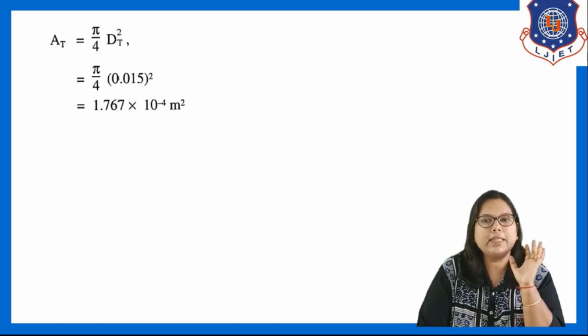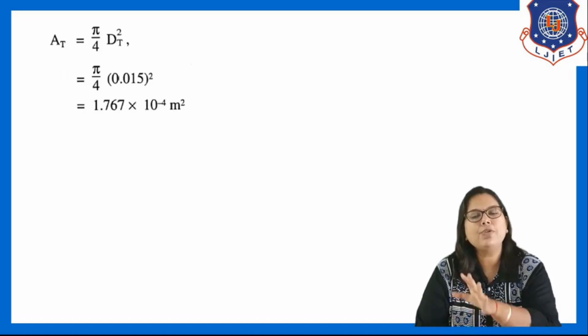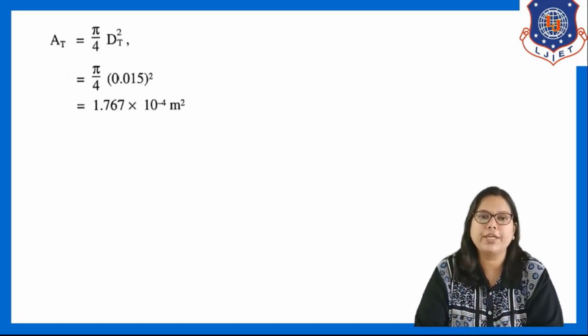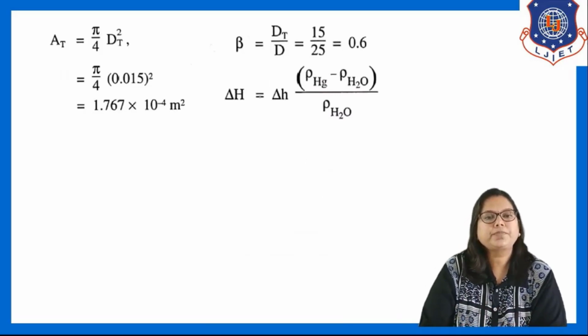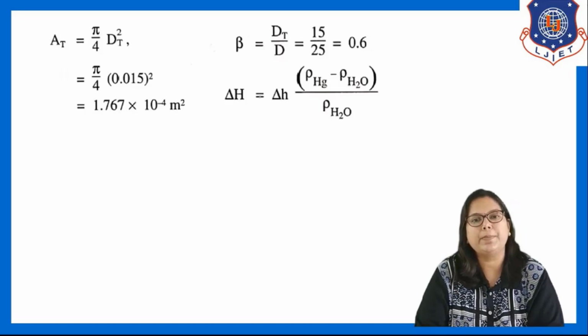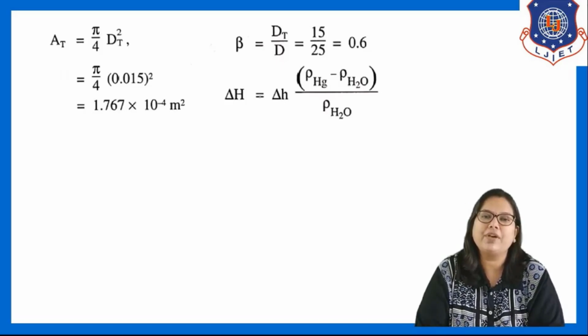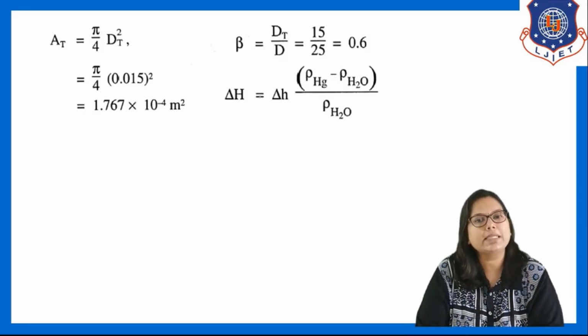When you solve this, you will get AT equal to 1.767 into 10 raised to minus 4 meter square. Now next we calculate the diameter ratio beta, which is the diameter of throat divided by diameter of pipe. Diameter of throat is 15 mm and diameter of pipe is 25 mm. So 15 by 25 is equal to 0.6. So now we have beta value equal to 0.6.